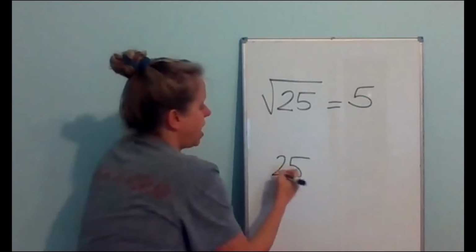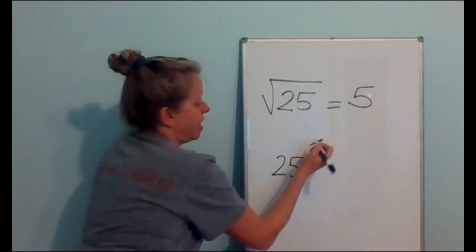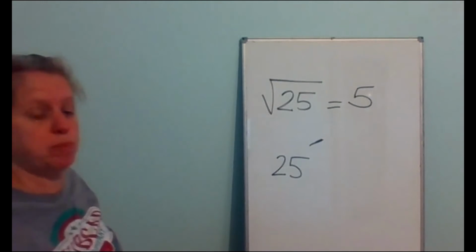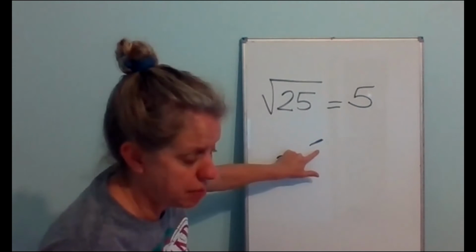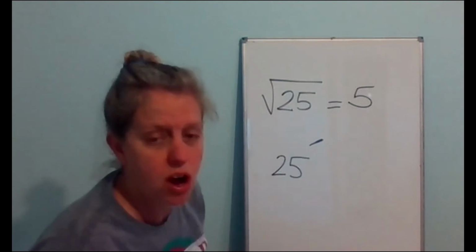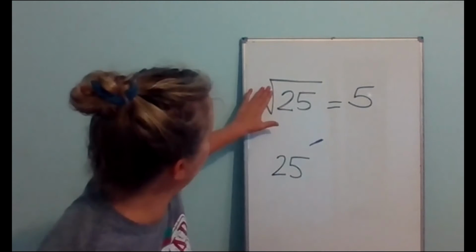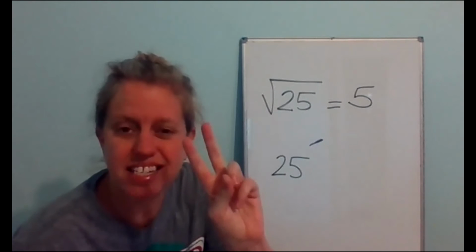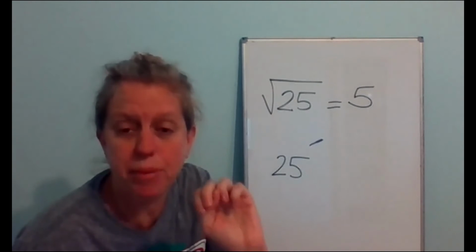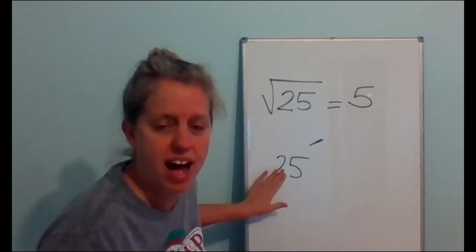So 25 will be my what's called the base. So when I am going from a radical to rewriting it as an exponent, my exponent, like I said, is going to be a fraction. It's going to have a numerator and a denominator. The denominator of that fraction is going to be what root is being taken. And the square root is the second root. It's like it says, what number times itself 2 times is 25.